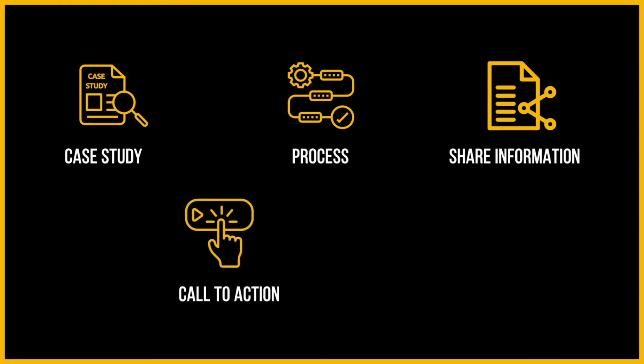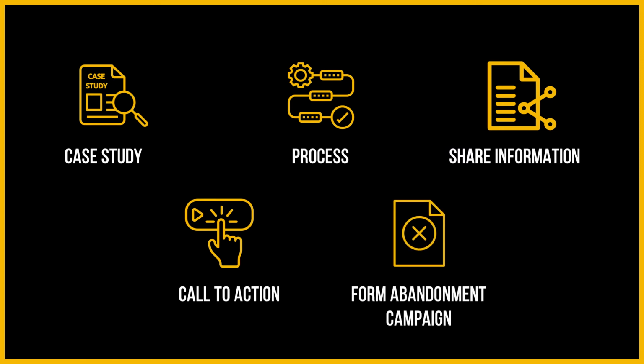You can always include a call to action to the next stage. You can also plan a form abandonment campaign. This campaign kicks in when your lead doesn't click through or doesn't book a demo call. Just like in e-commerce, when visitors do not complete checkout and abandon the site, this tactic can be used to re-engage with these audiences.